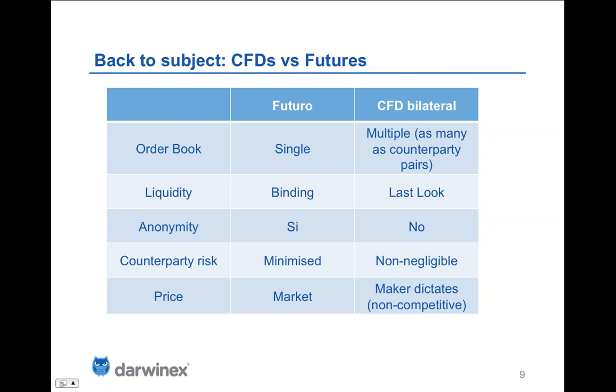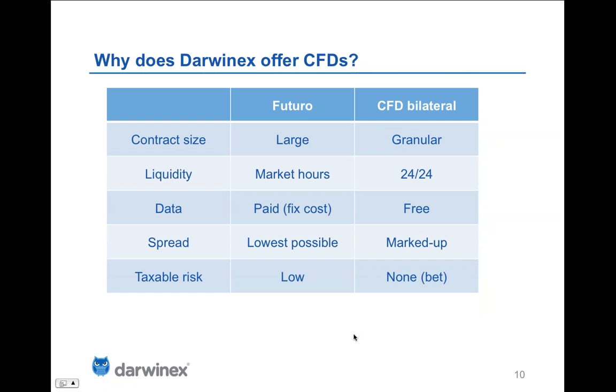So that's a problem. In the case of a bilateral CFD, again, the price is whatever the CFD provider decides to quote you, and only you, because he could be quoting different prices to different people.